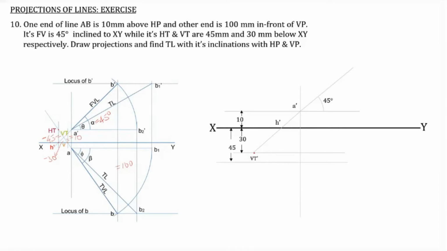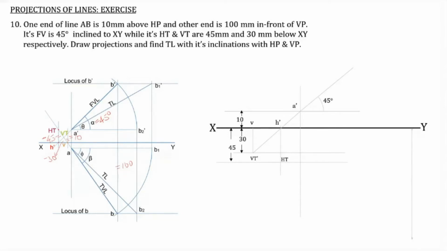Since H dash is obtained, we can drop a vertical line, a projector, in order to get the horizontal trace also. So from VT we go for V, and from H dash we go for HT. All the 4 points are obtained.